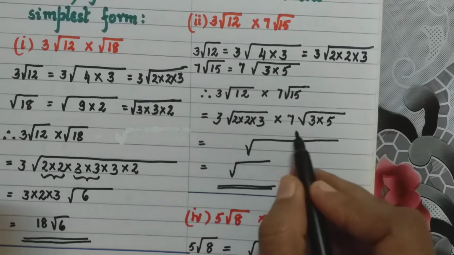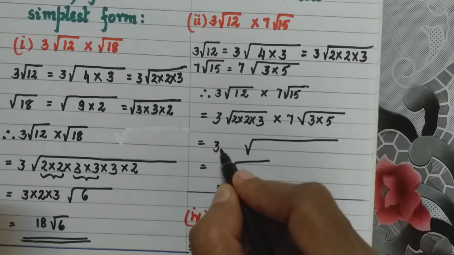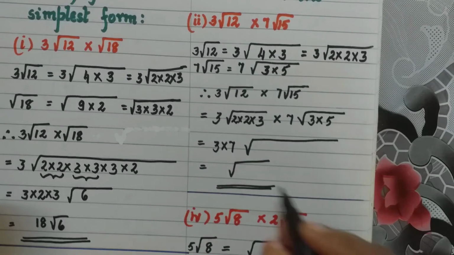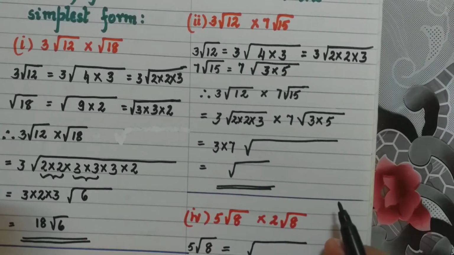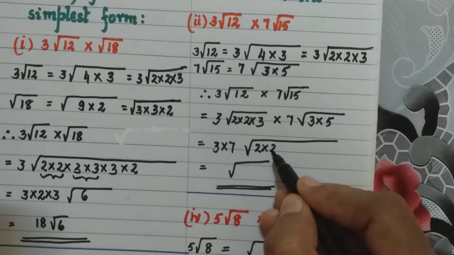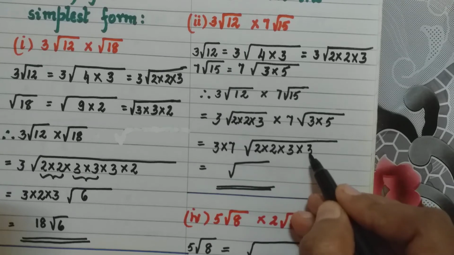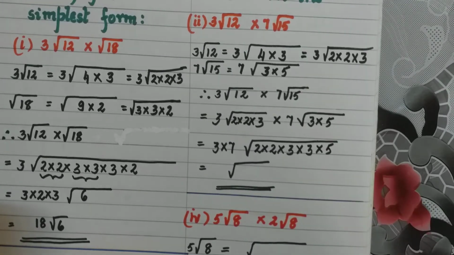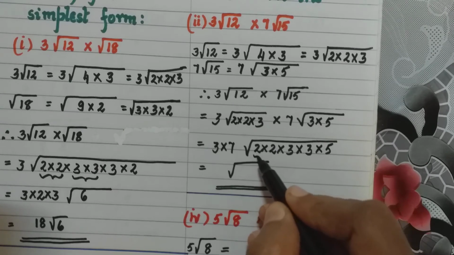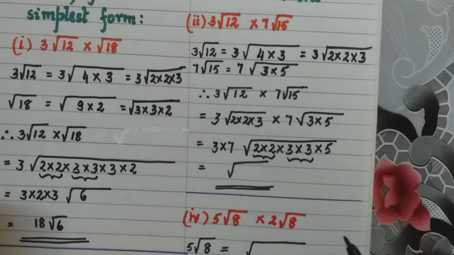The numbers outside the square root sign have to be multiplied with each other, that is, 3 into 7. The numbers inside the square root sign will be multiplied by themselves, so 2 into 2 into 3 into 3 into 5. Here we have one pair of 2 which will come out. Here I have one pair of 3, so 3 will come out. Only 5 will be left inside.